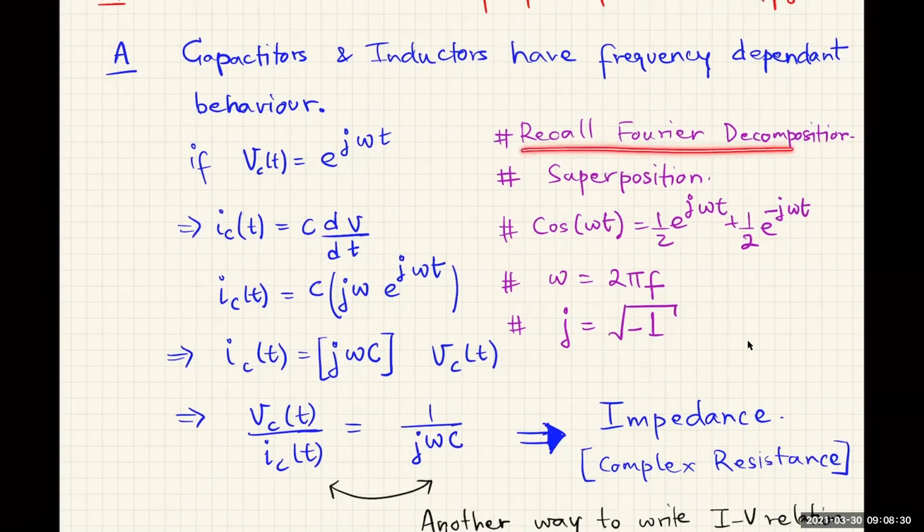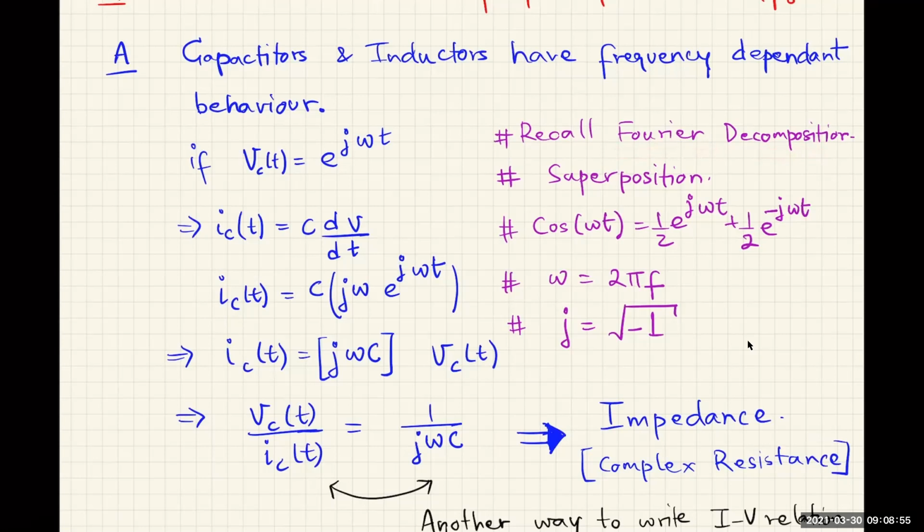So first is the Fourier decomposition. Fourier decomposition is basically a theorem that says that any periodic signal can be broken down into sines and cosines of its fundamental frequency plus its harmonics with different amplitudes, right?